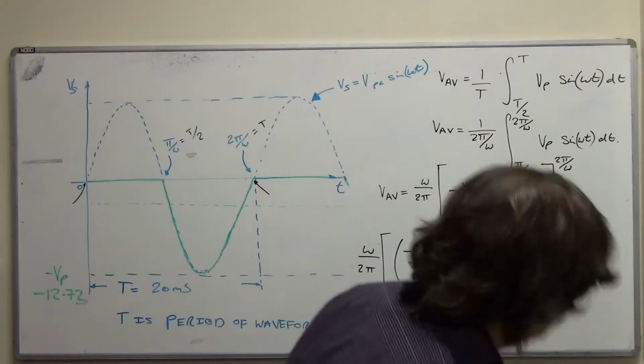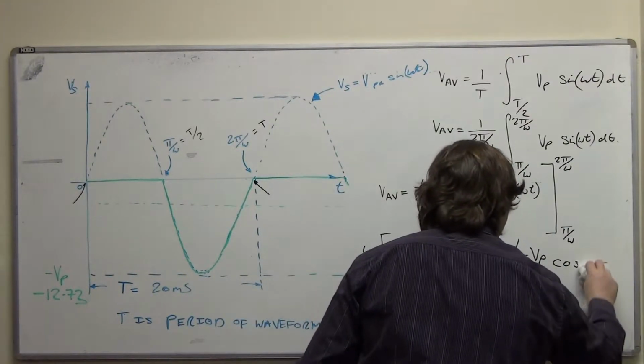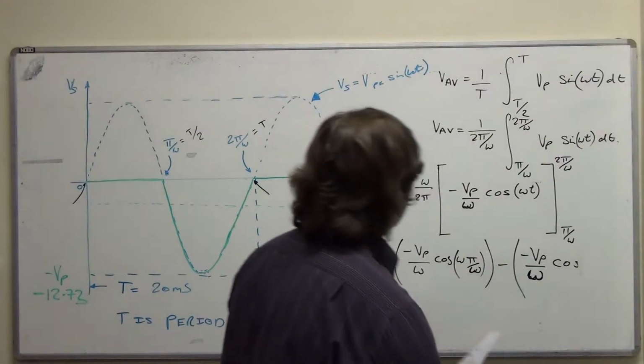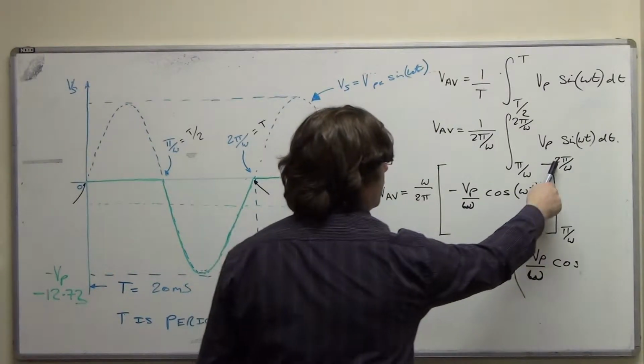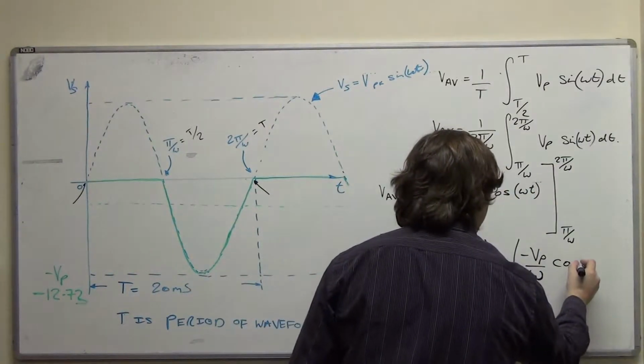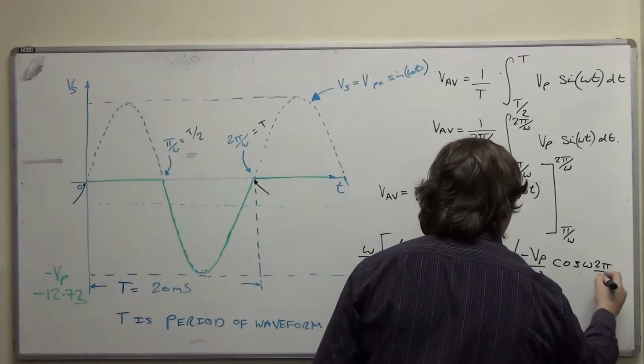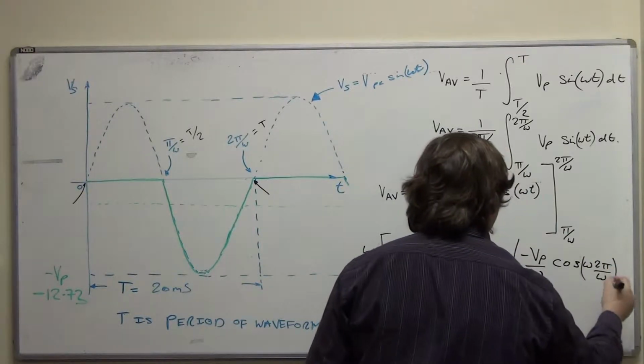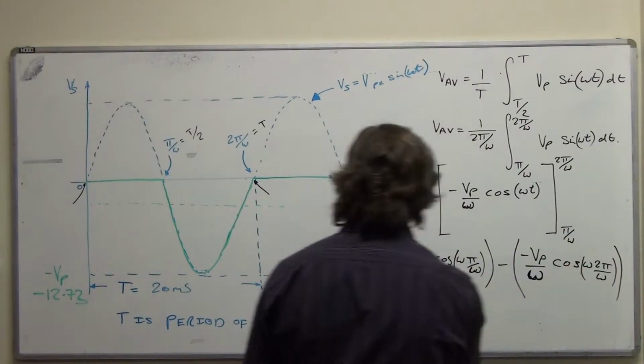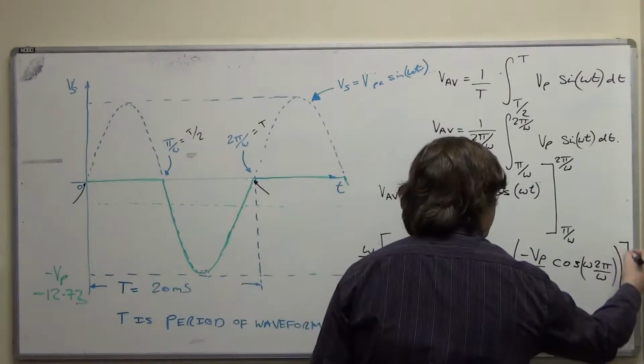Do that again, I've missed an omega out, because we've got an omega here, and then we've got a 2 pi upon omega, so the omegas will cancel again. So we've got omega, and it's 2 pi over omega, and that's all cosine. Then we need the big bracket, then we need the square bracket.